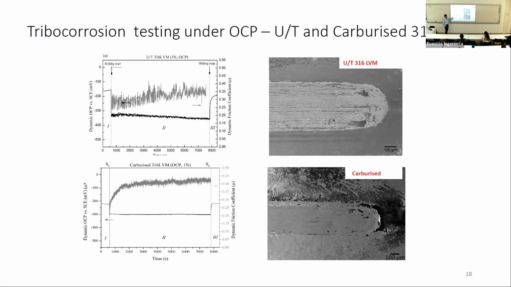For the carburized, it is a harder material. We're still getting this sharp reduction in OCP on sliding start, showing that the passive film is being damaged, but we're seeing less abrasion damage, showing that in this case, we're getting less wear due to corrosion.